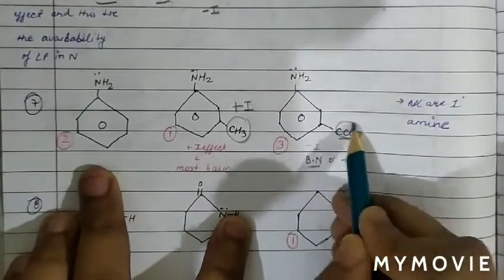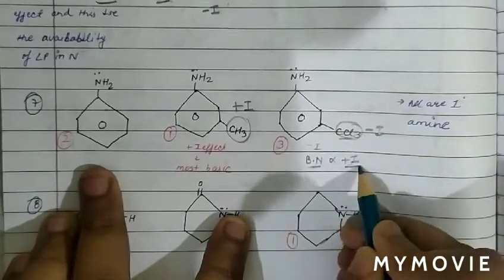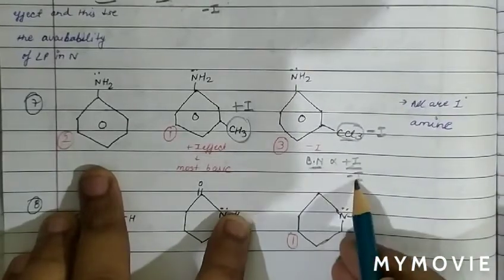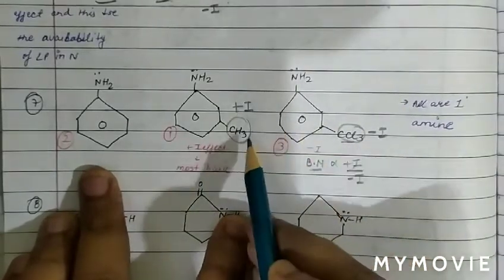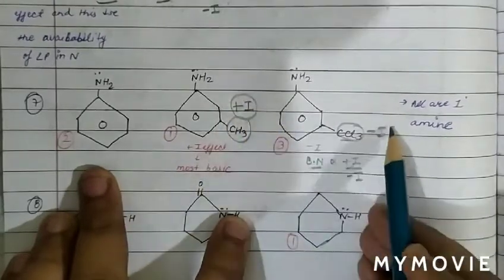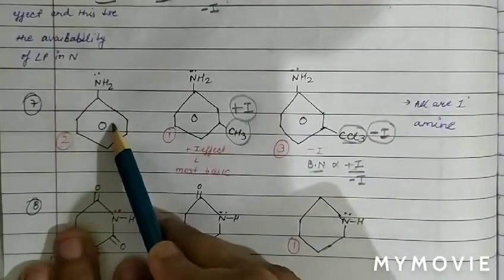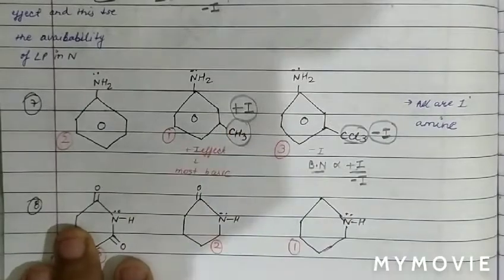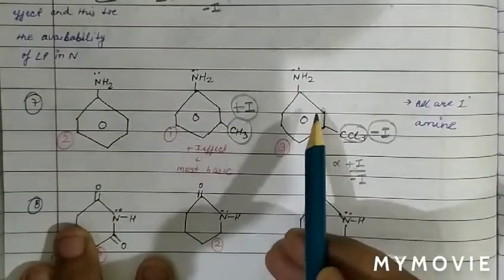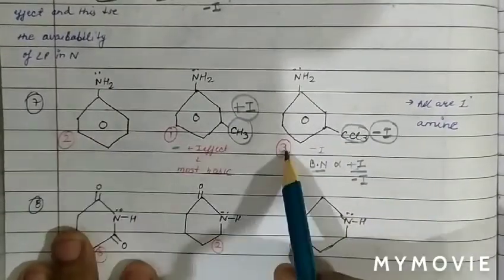CCl3 is a minus I group, and we know a minus I group decreases the basic nature, because basic nature and minus I are inversely proportional to each other. So it is most basic. Why is it most basic? Due to the plus I group. It is least basic due to the minus I group. But the basic nature of aniline is in between these two. So the basic nature of aniline is less than this and more than this. So this is first, this is second, and this is third.